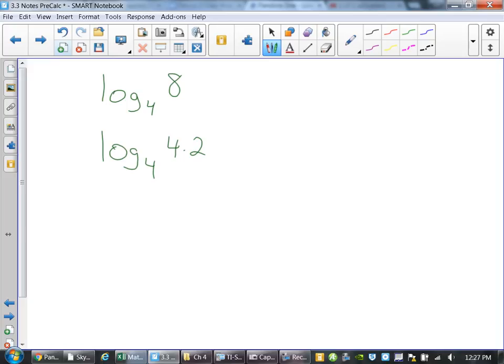Which means you could write this as log base 4 of 4 plus log base 4 of 2. What's log base 4 of 4? It's 1. So this could be rewritten as 1 plus the log base 4 of 2.